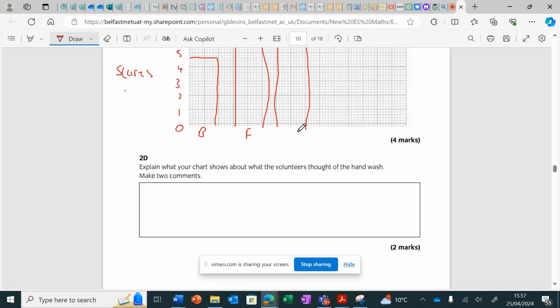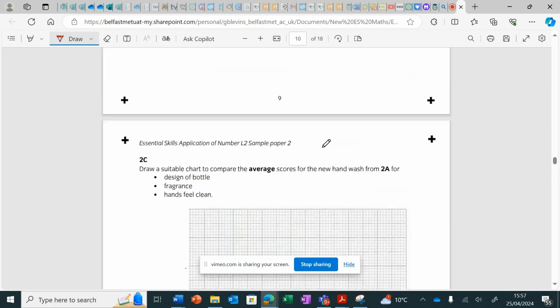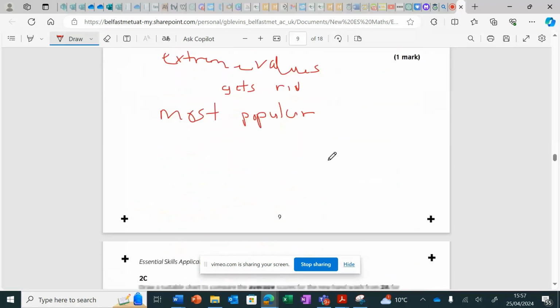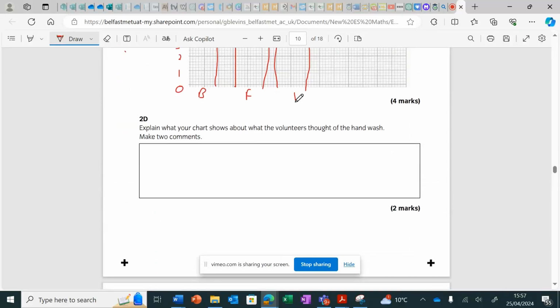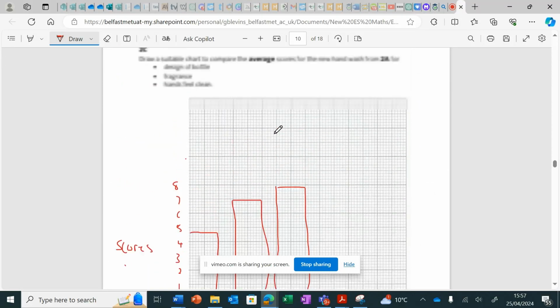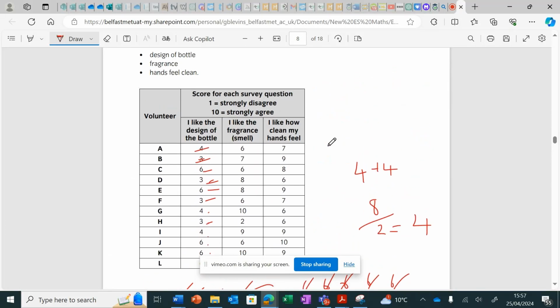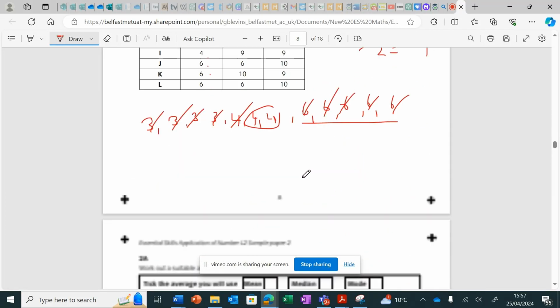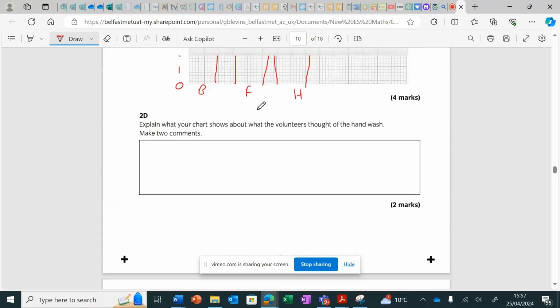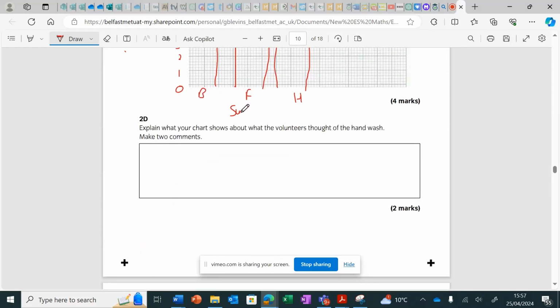F for fragrance. I think this was, what was this one? Hands feel clean. Probably H for hands. And that's people's opinions. That is the question, the survey question.